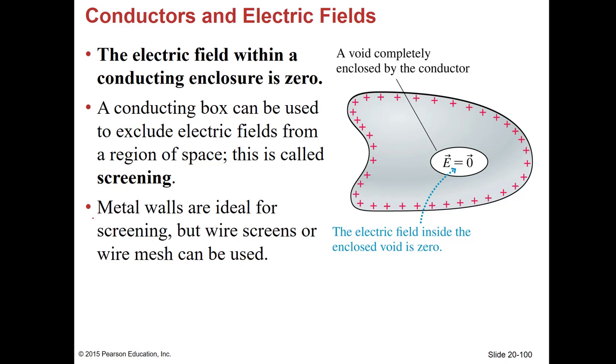If you're doing sensitive research where you want to avoid any outside interference, you'd have the walls maybe lined with some sort of metal meshing or something like that to block out extraneous electric fields. In my case, where I just want to have a little antenna by my TV, it's kind of a pain. I can't get a signal, so I have my signal blocked. But I've corrected that by putting my antenna in the attic.